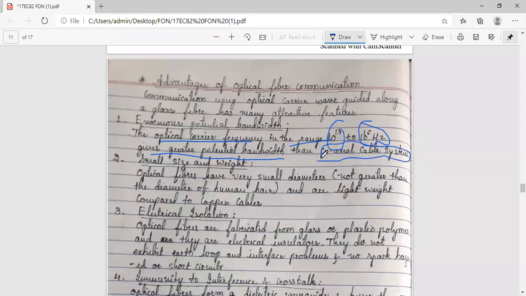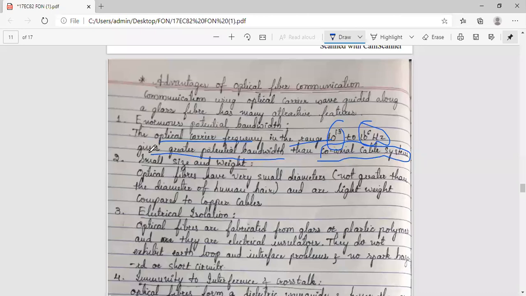Obviously, the coaxial cable system is limited in the capacity it can give, whereas optical fibers can provide bandwidth availability in the range of 10 to the power of 13 to 10 to the power of 16 hertz. First advantage.